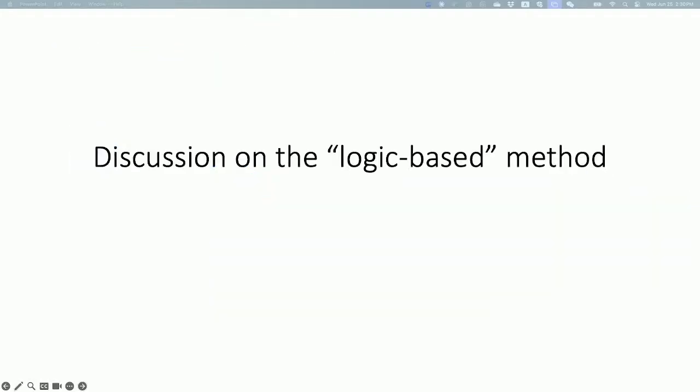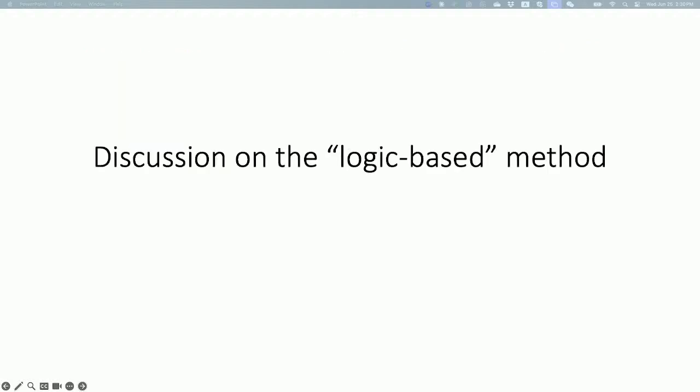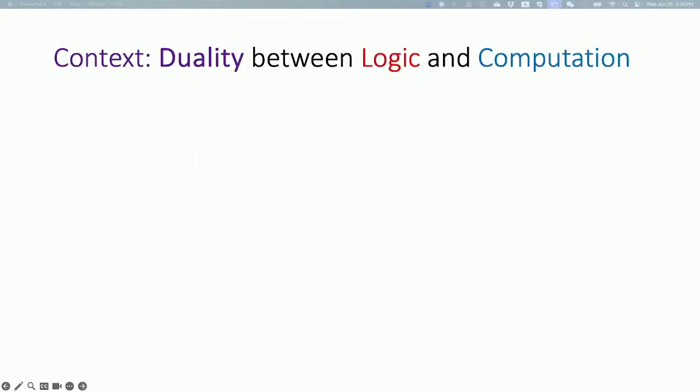Okay. Yeah. So finally, let me have some discussion on this line of logic-based methods. How should we understand this logic-based method to build crypto? I'm going to show you some more context on this beautiful duality between logic and computation.